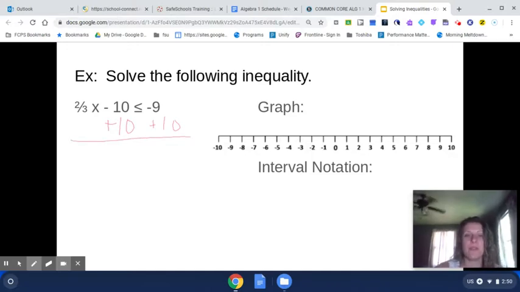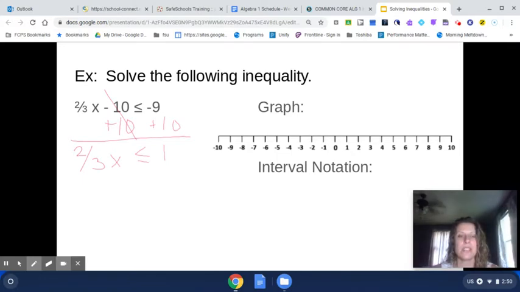If we simplify that, -10 plus 10 makes 0, so those cancel out. -9 plus 10, that gives me +1. And if we bring everything else down, we have 2/3 x is less than or equal to 1. We have that fraction in front of x that we want to get rid of.